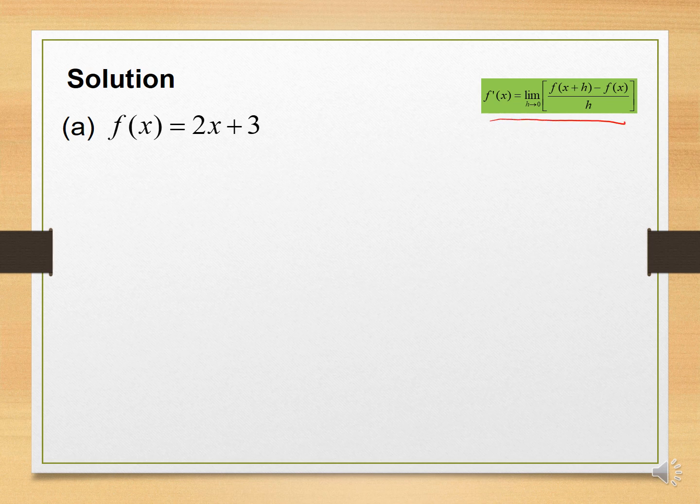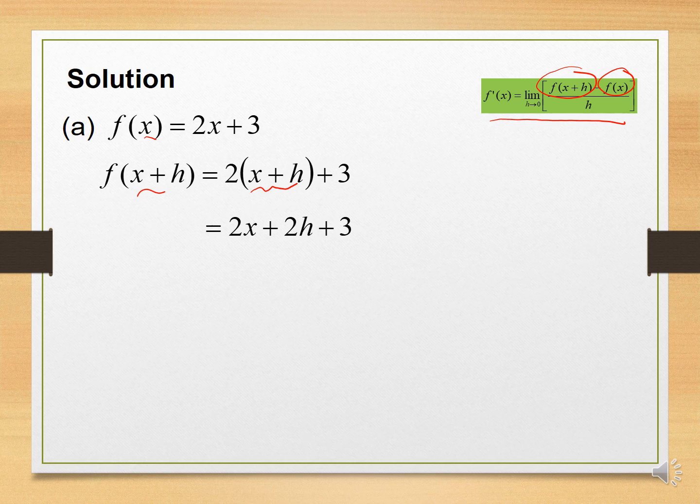From there we can see that you need to determine f(x + h) and f(x). But f(x) is already given in the question. So the next thing we shall do is find f(x + h). To get f(x + h), you just replace the input x with x + h.